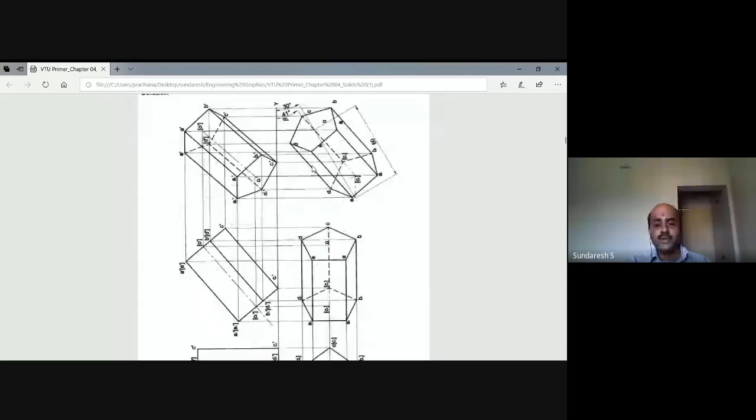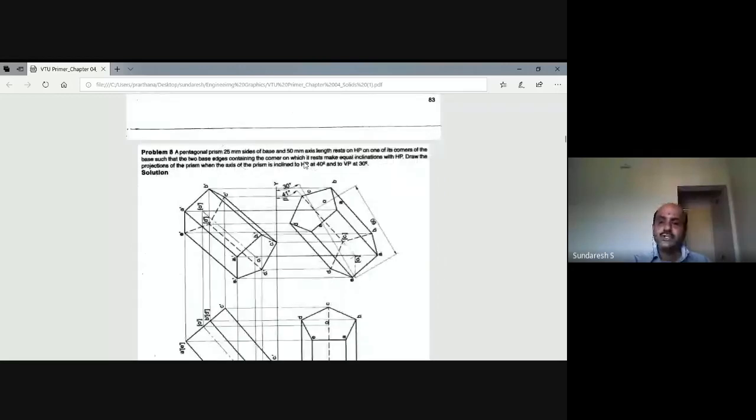In this problem, the initial position is just constructing a pentagon with a 25 millimeter size of base and resting on the corner, and the front view will be the axis length of 50 millimeters. We are going to construct the top view and the front view. In the second position, the axis of the prism is inclined to HP at 40 degrees and to VP at 30 degrees.